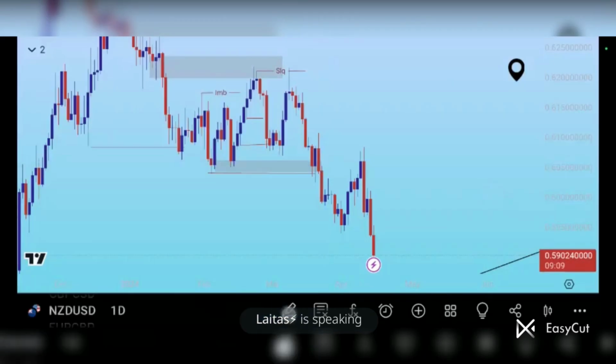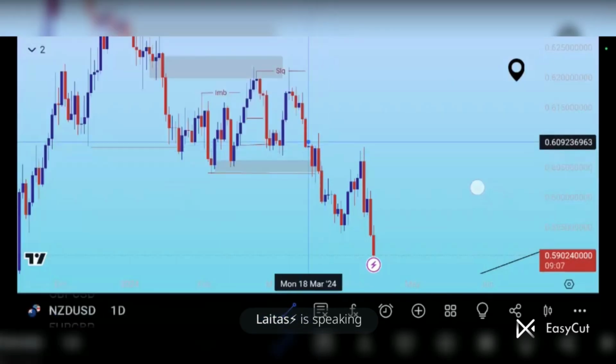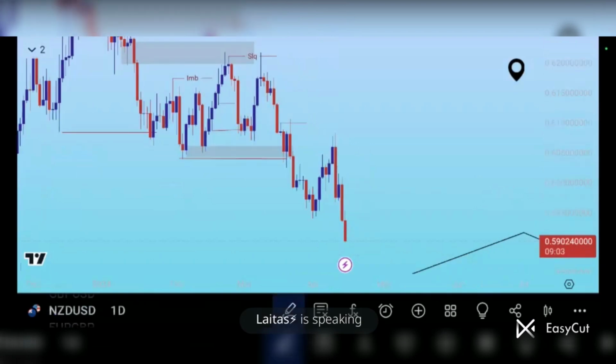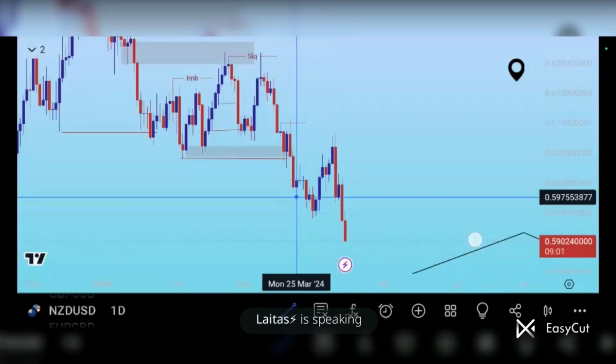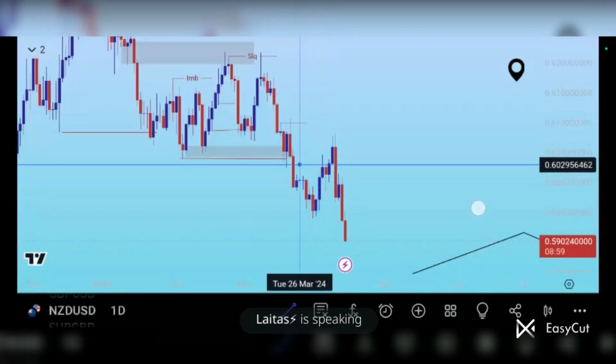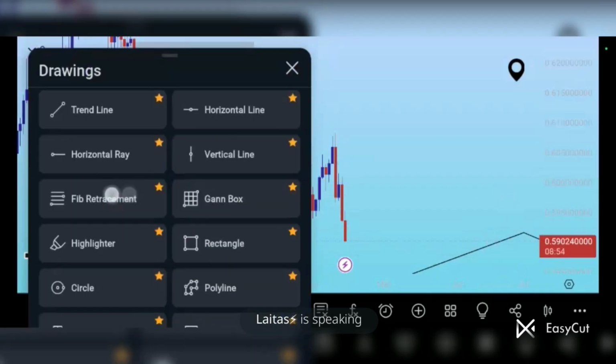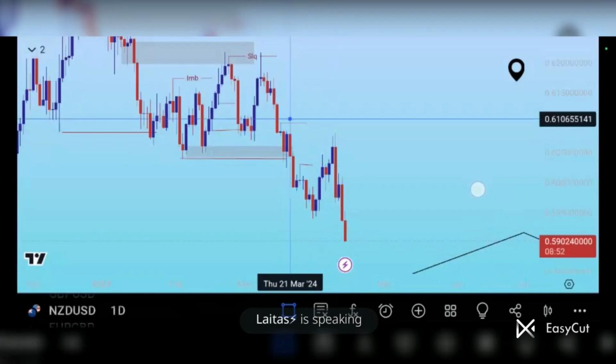Then, and also, we swept this high. Then price went down. We have another break. So this is inducement, and price mitigated something here.